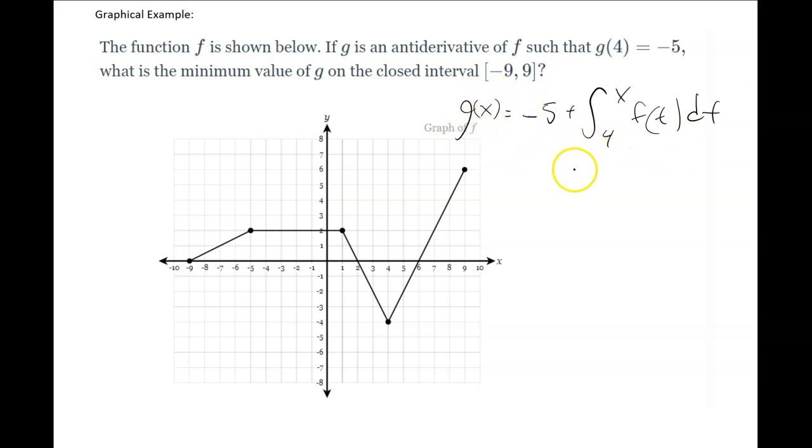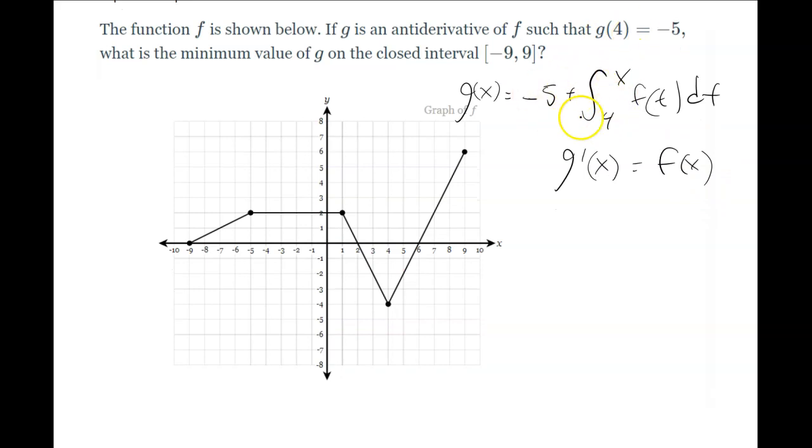And that of course means that g prime of x is equal to f of x. By the way, don't stress if you're not entirely sure how I translated this, as that is not a huge part of what we're focusing on for this lesson.